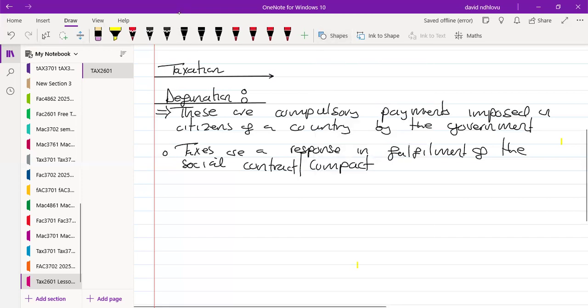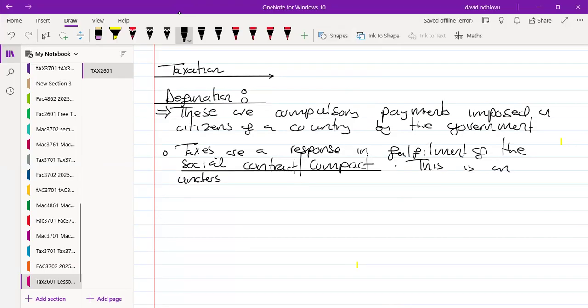So we have this thing called the social contract or the social compact. This represents an understanding of the relationship between a government and citizens.